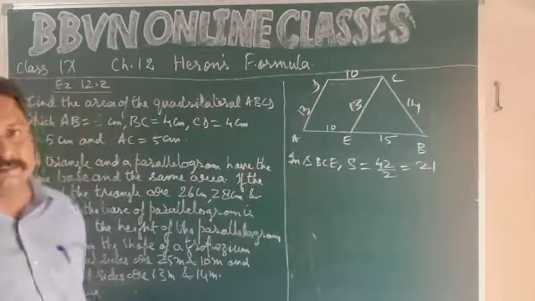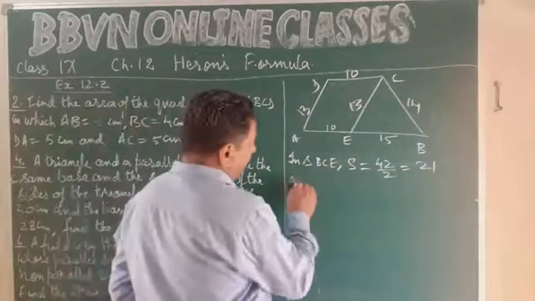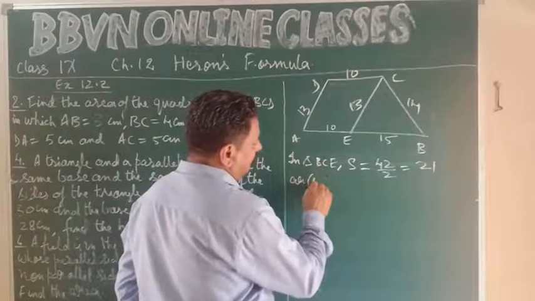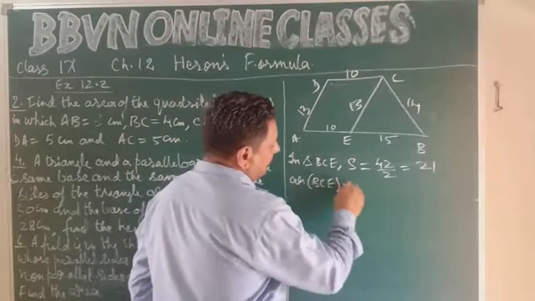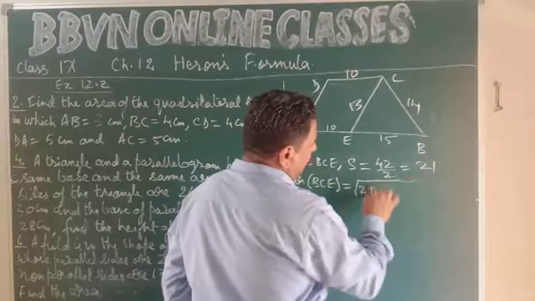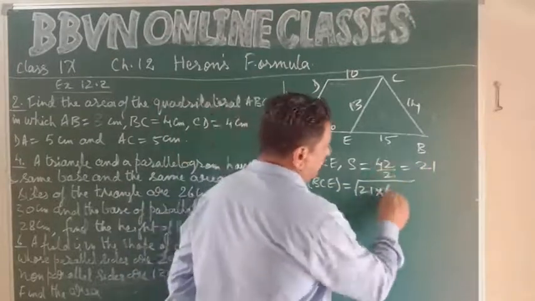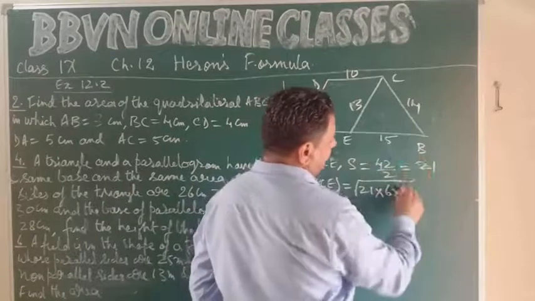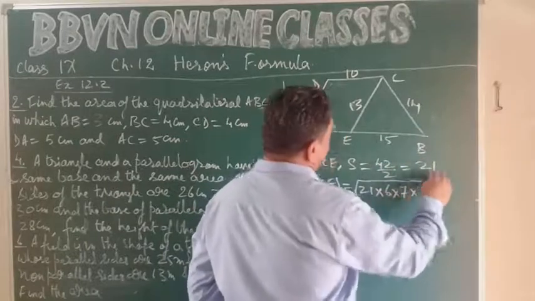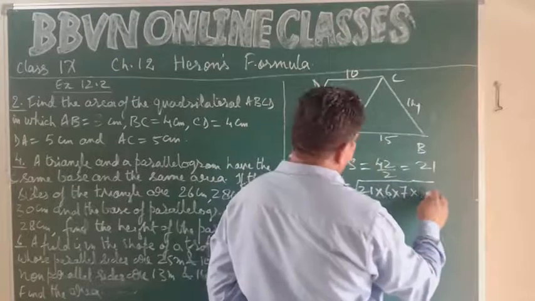So S is 21. Now the area of triangle BCE is under root S into S minus a, S minus b, S minus c. 21 minus 15 is 6, 21 minus 14 is 7, 21 minus 13 is 8.